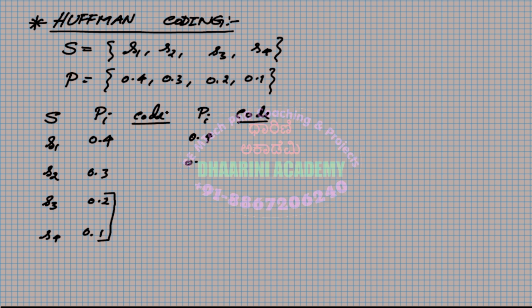Whenever I add the two numbers and I get a probability such as 0.3, which is already existing, I will put it at the lowest possible position. The existing 0.3 stays, and the new value 0.3 will go below it.